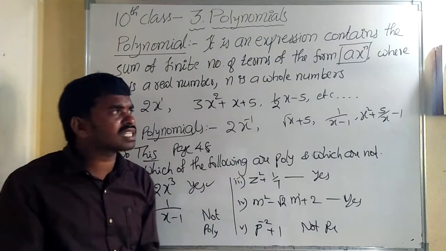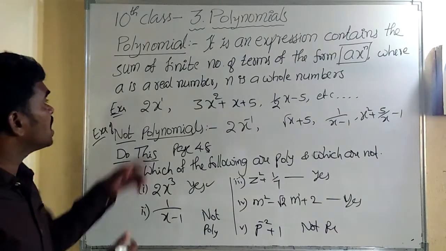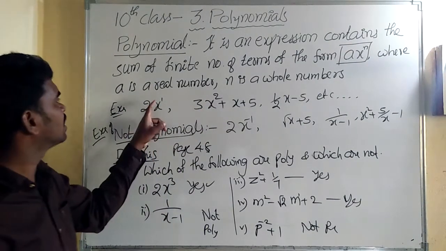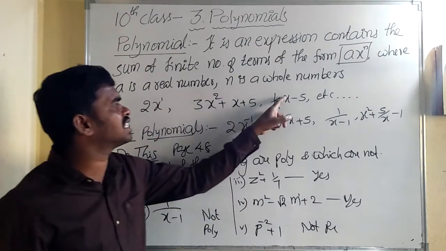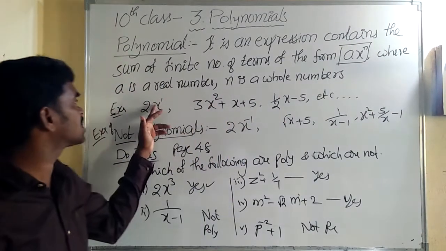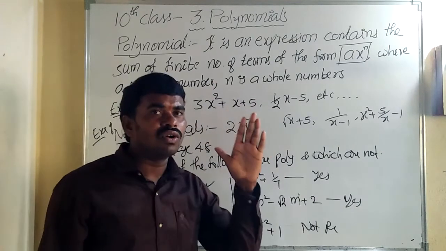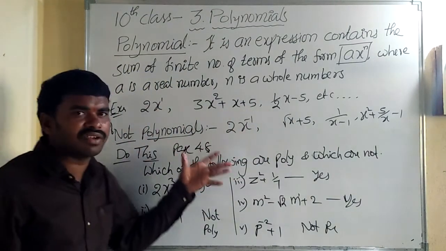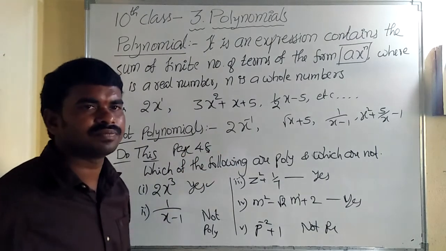So in 10th class, it is especially based on degree. What is degree? The highest power is taken as the degree. So based on the highest power, we have types of polynomials.